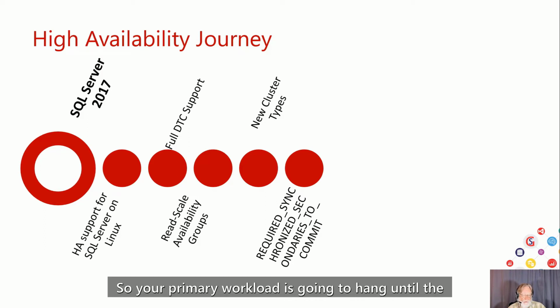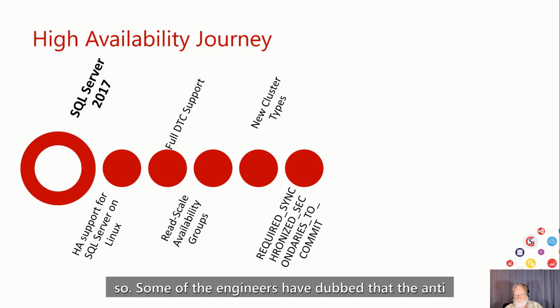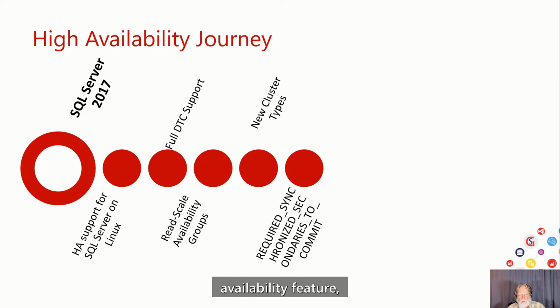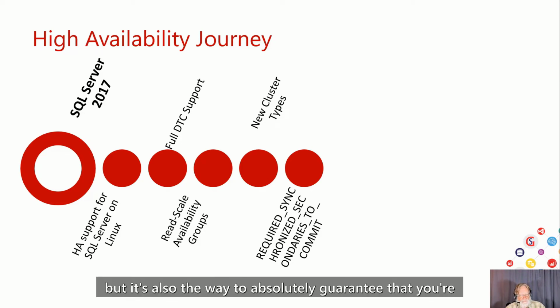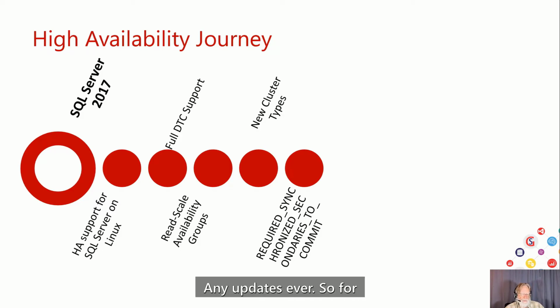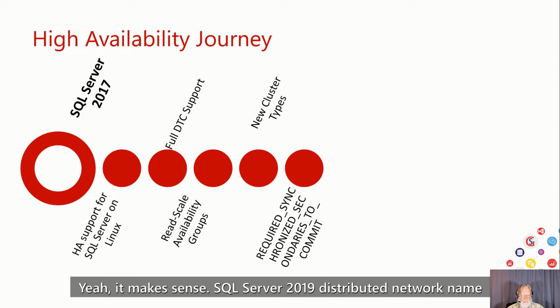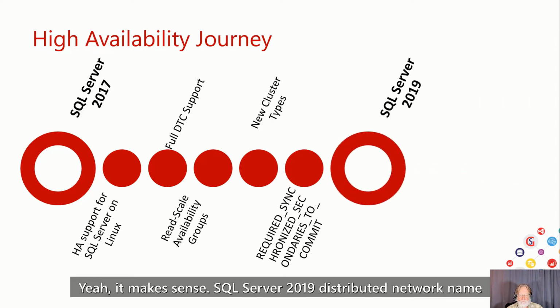So your primary workload is going to hang until the secondary catches up. Some of the engineers have dubbed that the anti-availability feature, but it's also the way to absolutely guarantee that you're not going to lose any updates ever. So for commerce type applications where each transaction represents money, yeah, it makes sense.